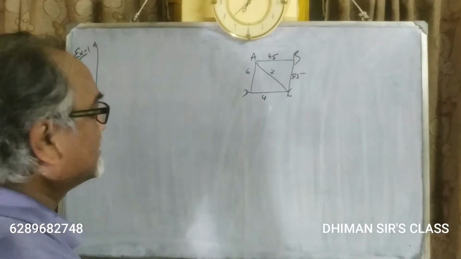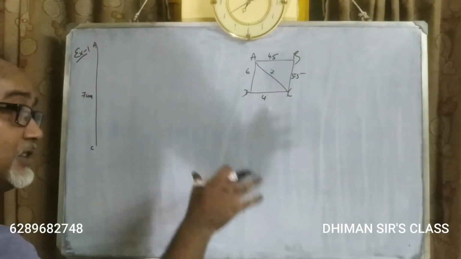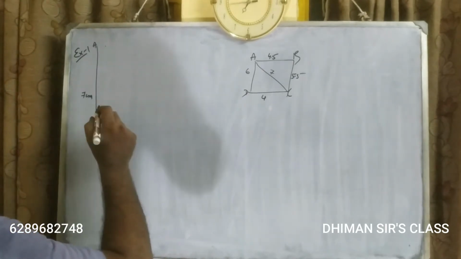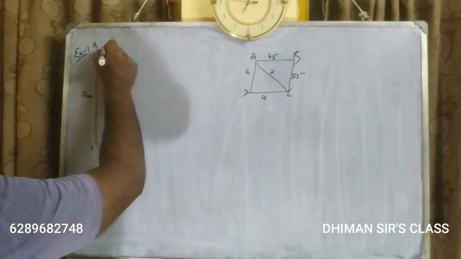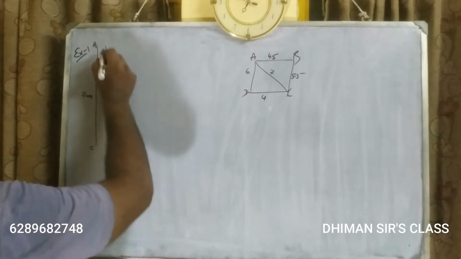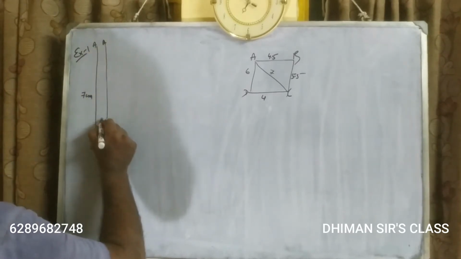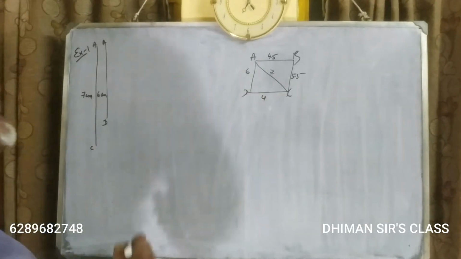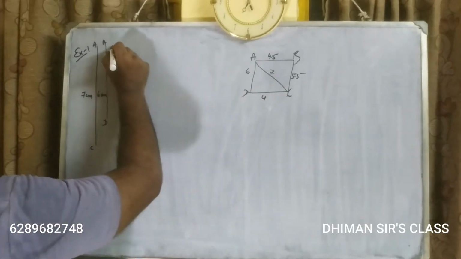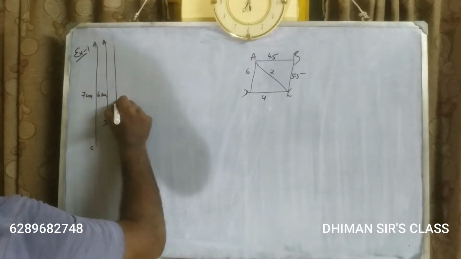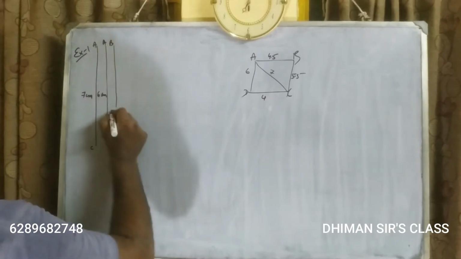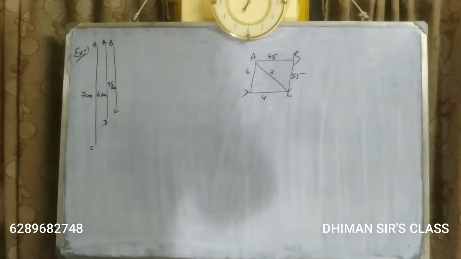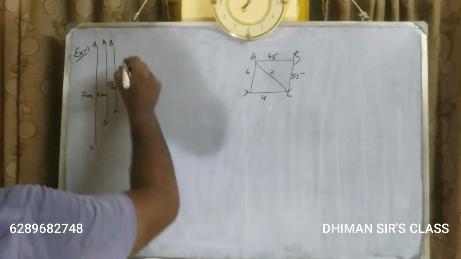Let this be the base. Means the length of the base should be known to us, if possible. Then AD 6 centimeter. Then BC 5.5 centimeter. And finally AB 4.5 centimeter.